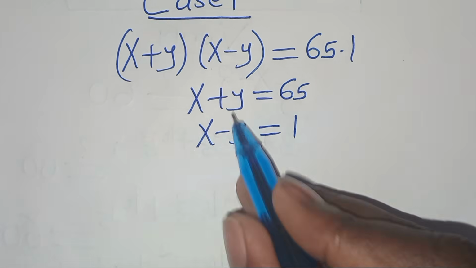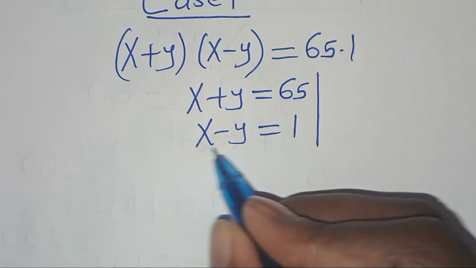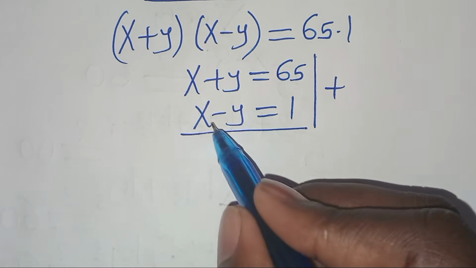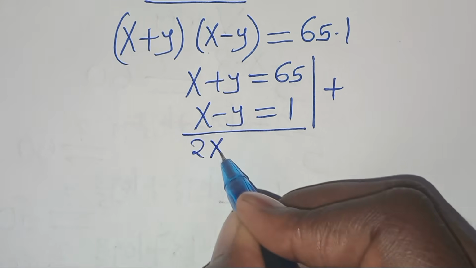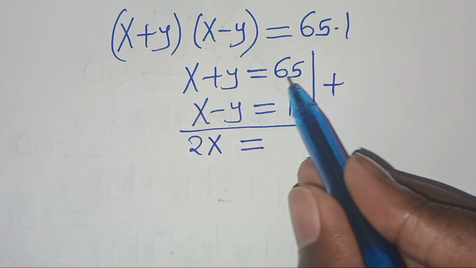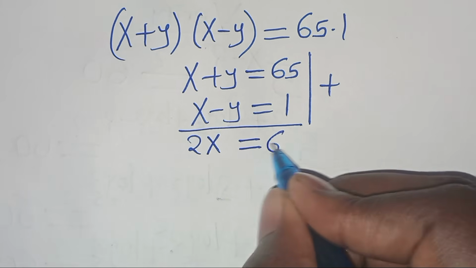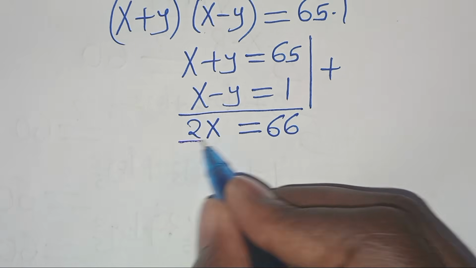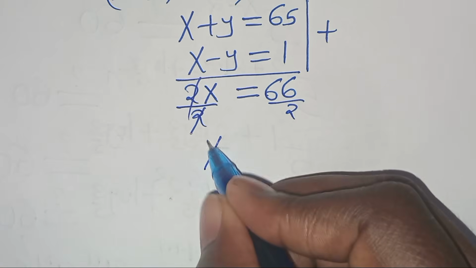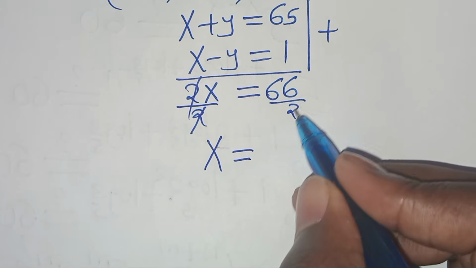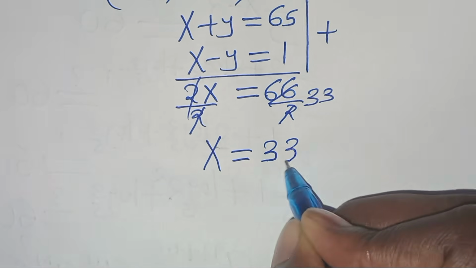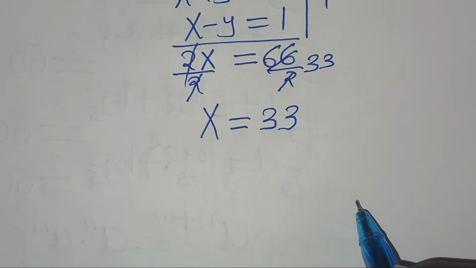Now here we have two linear equations, so let's sum them. x plus x is 2x, y plus minus y simplifies, and 65 plus 1 is equal to 66. Let's divide both sides by 2, so x is equal to 66 divided by 2, which is 33.